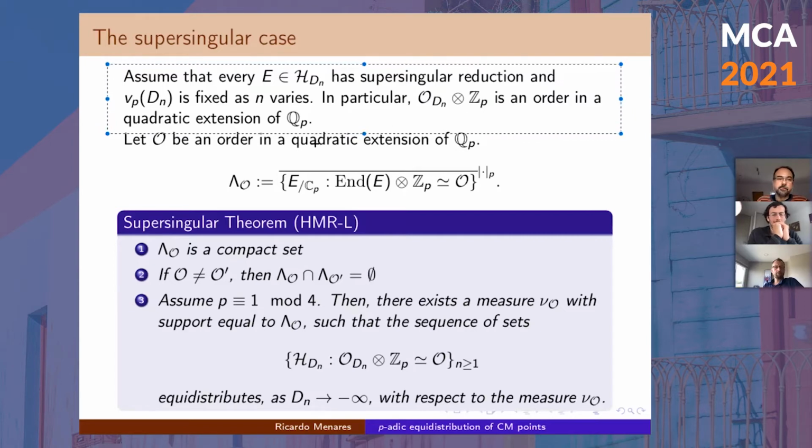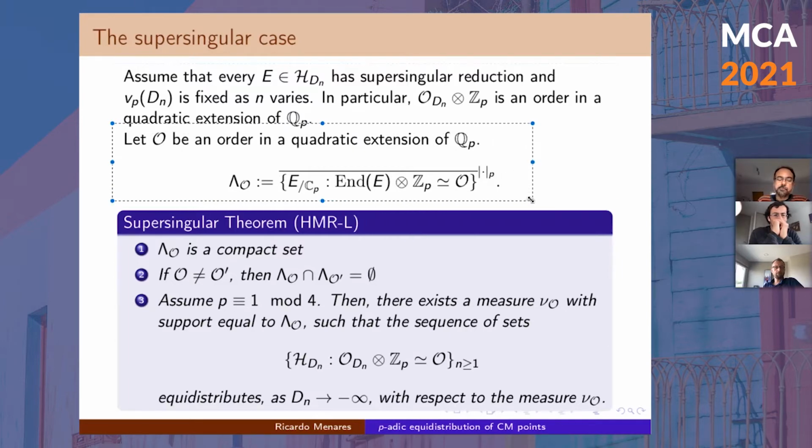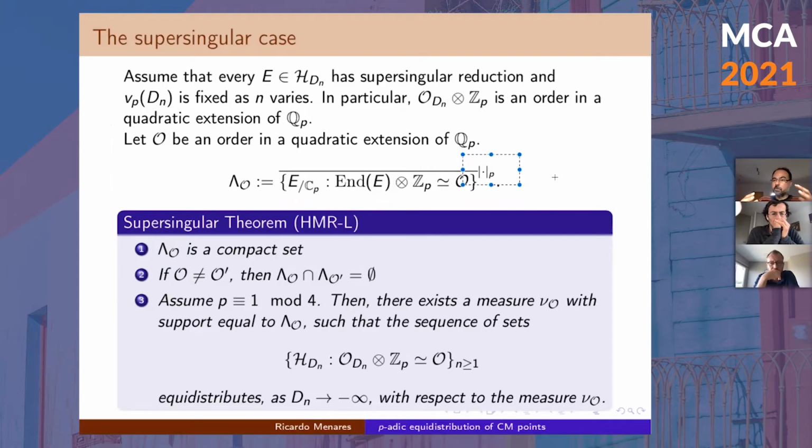With that in mind, we will fix an order O in a quadratic extension of Q_p, and we will concentrate on the set of elliptic curves such that the completion at p of the endomorphism ring is isomorphic to this order O. And we look at the p-adic closure of that set. This symbol here means that we are taking the closure with respect to the p-adic norm. This set will be called lambda O.